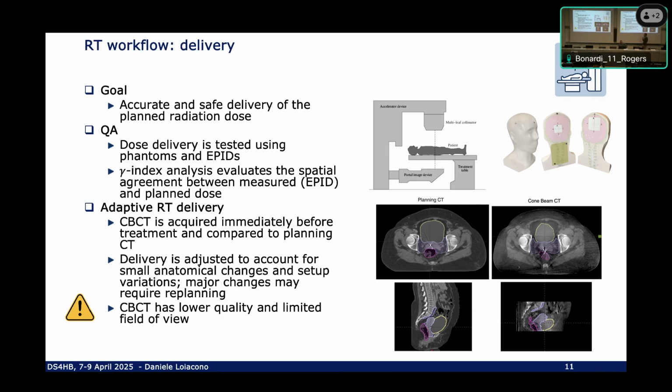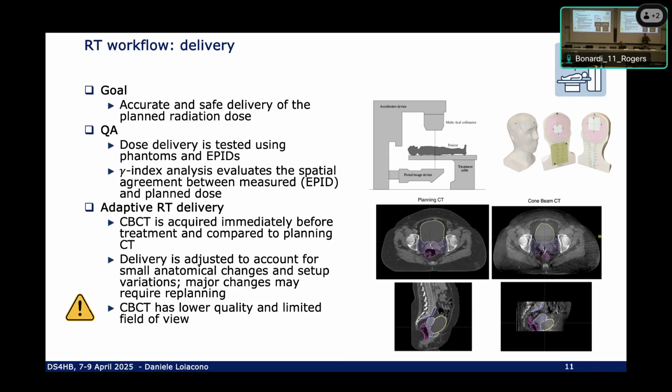And the second activity typically done here is what is called adaptive radiotherapy delivery. The idea is that our patient is undergoing a treatment that can last weeks. And during this time, the anatomy of the patient might change, the tumor might reduce.